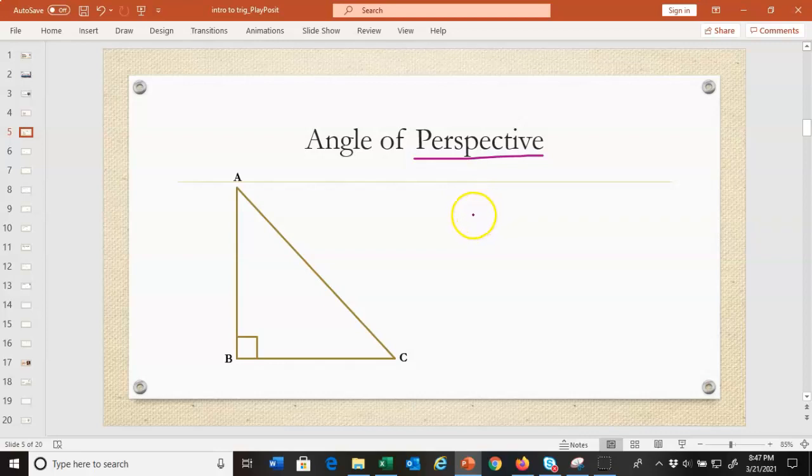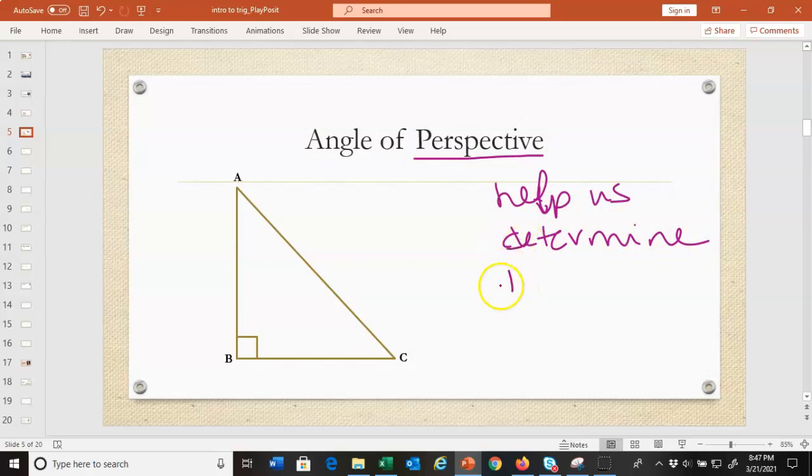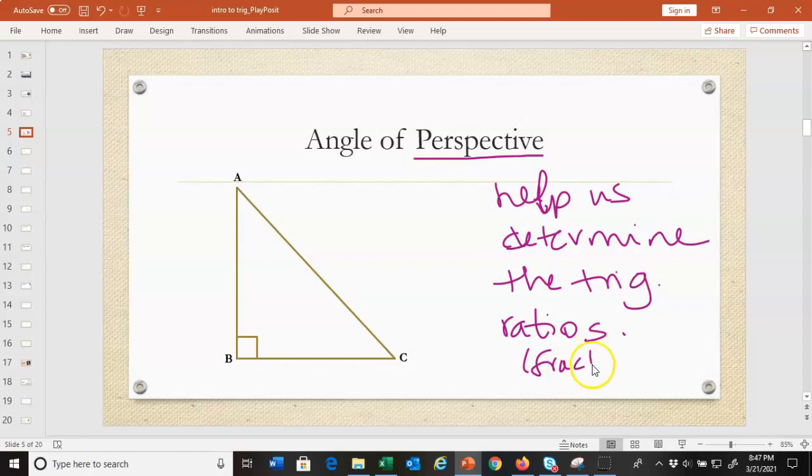So when we're talking about trig functions, the angle of perspective is going to help us determine the trig ratios. Now, trig is just shorthand for trigonometric or trigonometry, so you'll hear me say trig a lot. And remember, a ratio is just a fraction. So a trig ratio is just a fraction, and the angle of perspective is going to help us write those fractions.